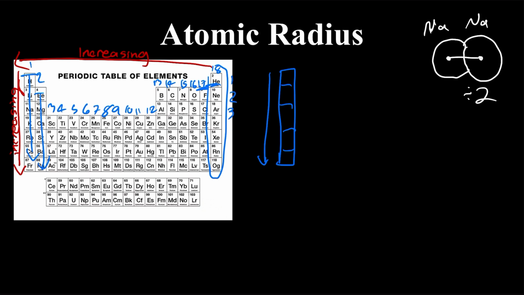Because this is period 1, period 2, period 3, 4, 5, 6, 7. So when you're going down a group, you're increasing in that period. Let me put the periods in a different color so it makes a bit more sense.